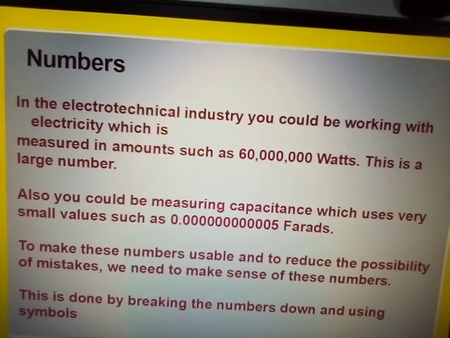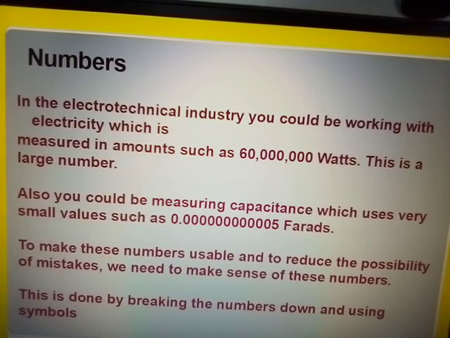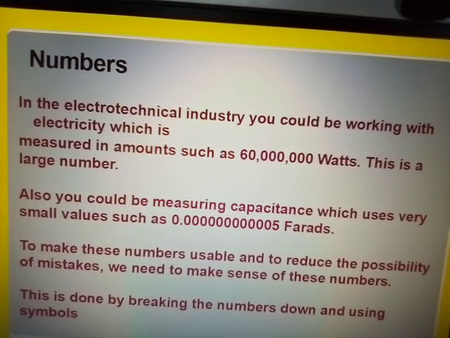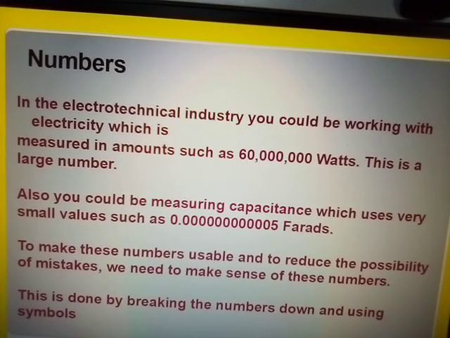To make these numbers usable and to reduce the possibility of mistakes, we need to make sense of these numbers. This is done by breaking the numbers down and using symbols.